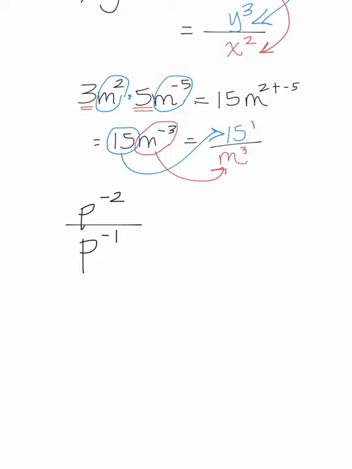Okay, I'm going to tell you right now, I don't care how smart you are, how good you are at math, 90% of students will get this wrong when they try to do it in their head. Okay, so here's my advice to you. When you have negatives and you know that they need to be subtracting because of the division, write it out, okay?